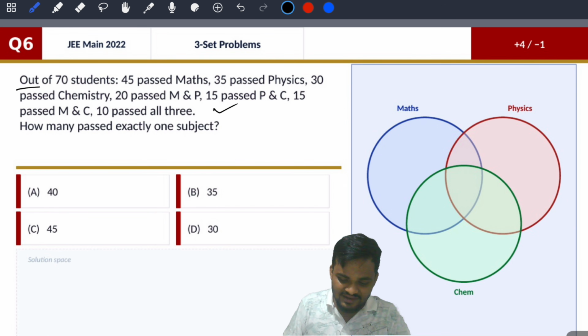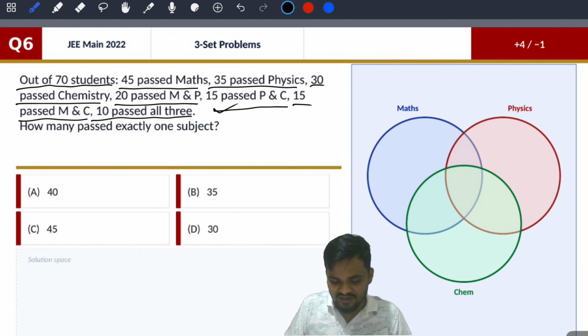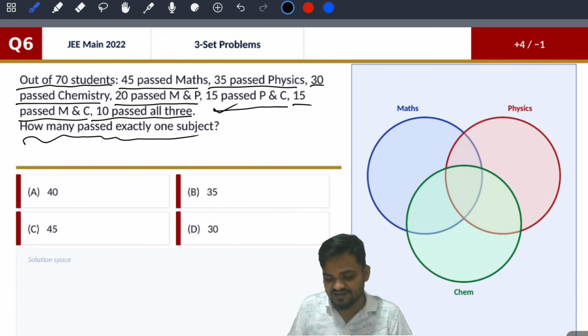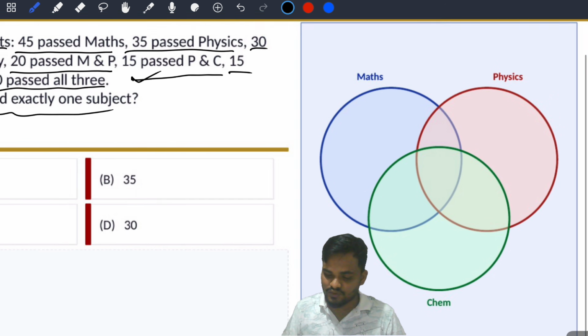Out of 70 students, 45 passed math, 35 passed physics, 30 passed chemistry, 20 passed math and physics, 15 passed physics and chemistry, 15 passed math and chemistry, 10 passed all three subjects. You have to find how many passed exactly one subject. How to fill in the Venn diagram? The Venn diagram should look like this.